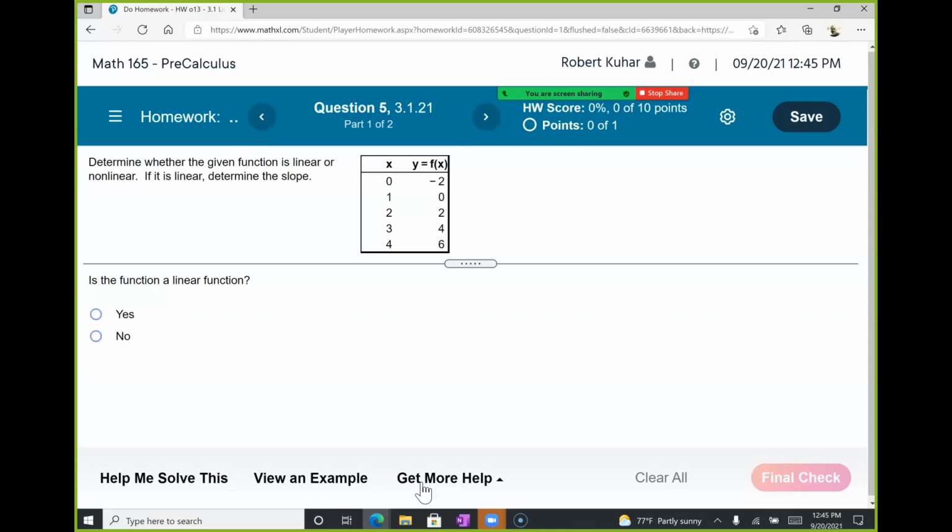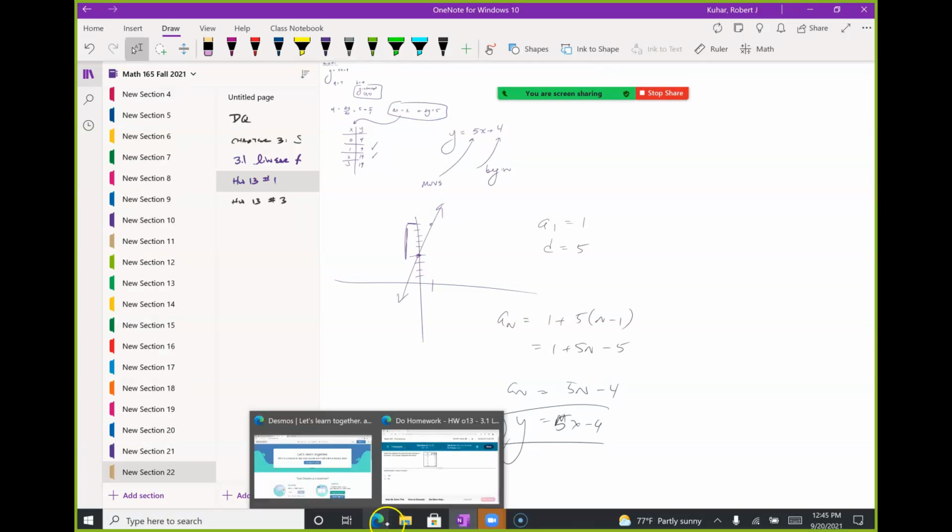So I give you a table. I say, is this thing linear? Is this an arithmetic sequence? Same question, right? Is this linear? Is this arithmetic? So I can clearly see my table 1, 2, 3, 4, 0, 2, 4, 6. Right? So let me jump to that one here.